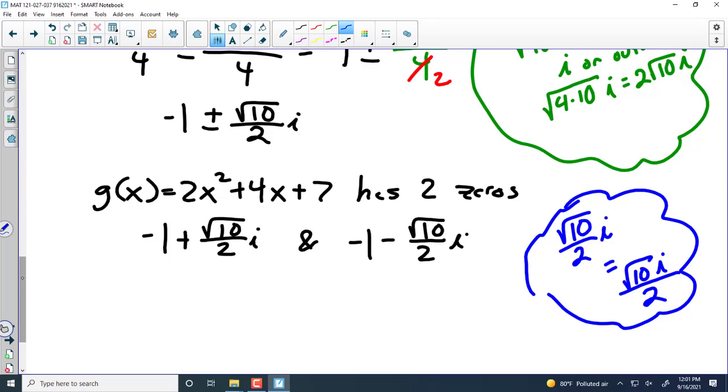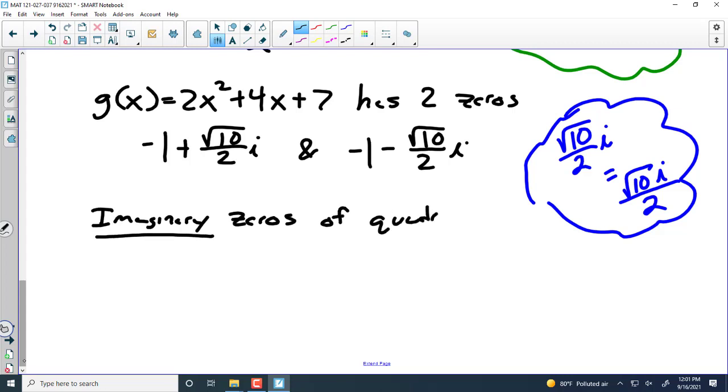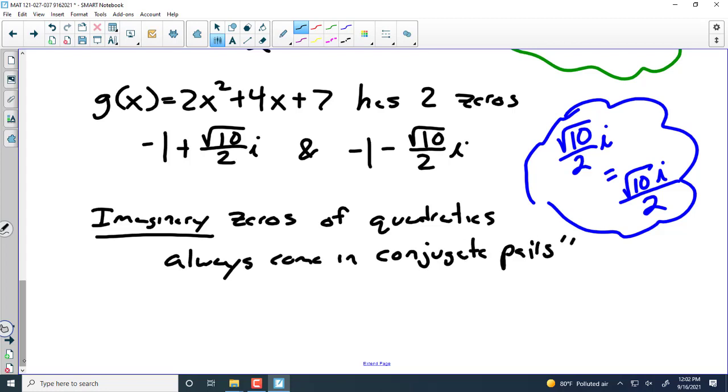So, we got two imaginary zeros. What makes them imaginary? I took the square root of what kind of number? A negative. Imaginary zeros of quadratics always come in what we call conjugate pairs.